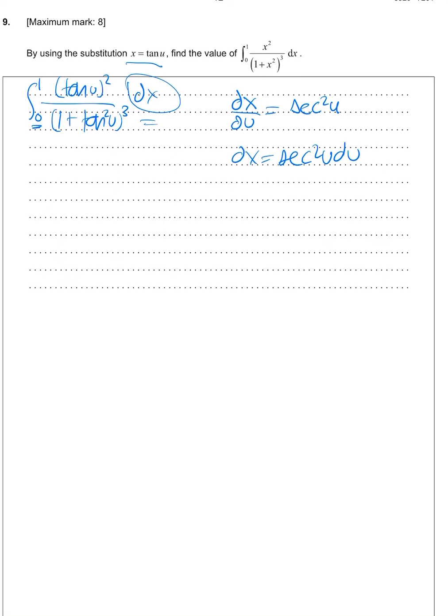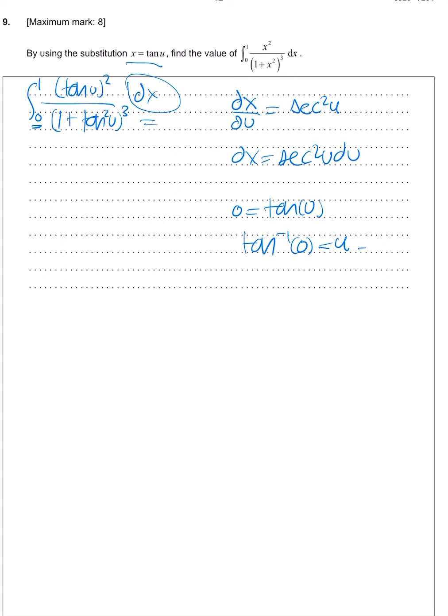Just right here, we're going to fix the boundaries of integration. So when x equals 0, I'm going to replace this with 0. When x equals 0, tangent of u, what's the value of tangent of u? How do I find u for this? I'm going to take the arctan of 0. First I'm looking for 0, and then I look for 1.